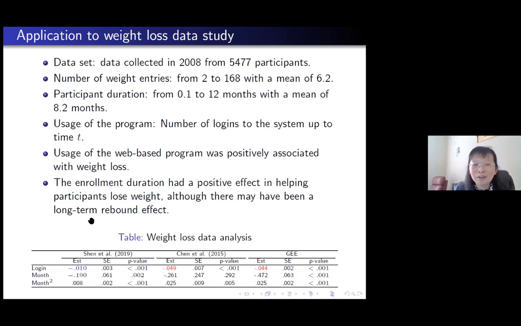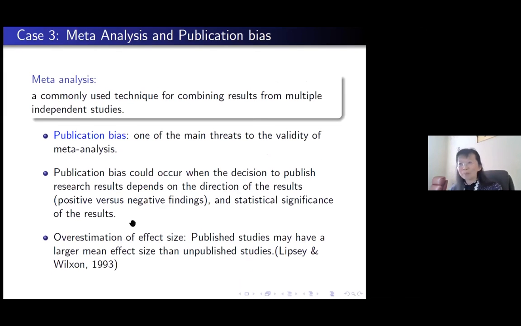So let's move on to my last example about biased sampling: the publication bias in meta-analysis. Meta-analysis is a technique for combining aggregate results from multiple independent studies. By combining information, meta-analysis usually has higher statistical power than a single study.